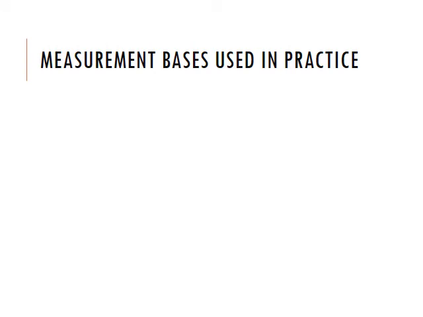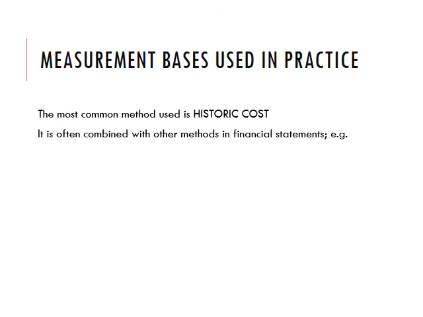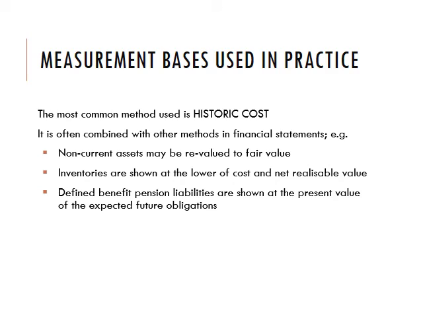So how do we use these measurement bases in practice? Well, the vast majority of transactions are in fact recorded at historic cost. But there are odd occasions where we might use a different measurement basis. So for example, non-current assets are sometimes revalued and shown at their fair value.